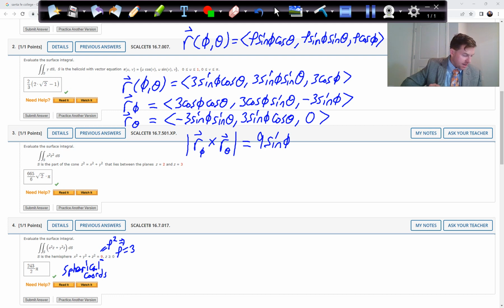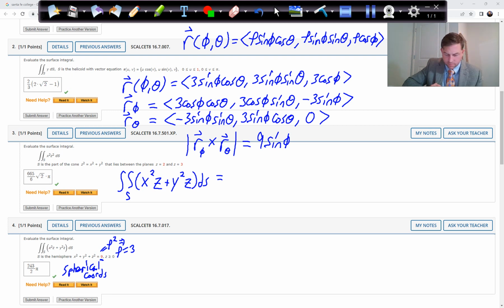The reason I did that is because this double integral is a bit involved. So if we take the double integral over S of x squared z plus y squared z dS, we have to write that as, trying to think if there's a shortcut here.